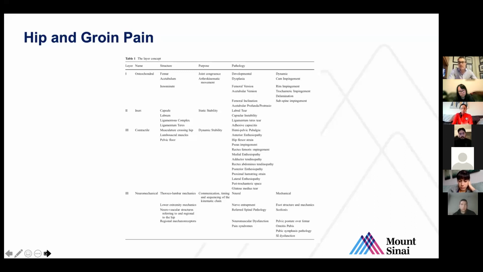So layer one is described as the osteochondral layer, and we'll go through these individually here. It's basically the anatomy of the hip. The inert layer is the non-dynamic anatomy of the hip: the capsule, labrum, ligamentous complex, ligamentum teres. We'll get into a few of these in detail, and others we won't really touch on too much. And then we have the contractile layer, followed by the neuromechanical layer.